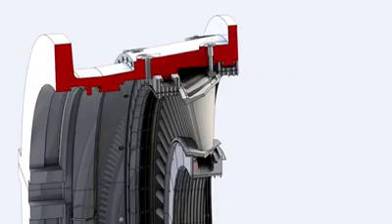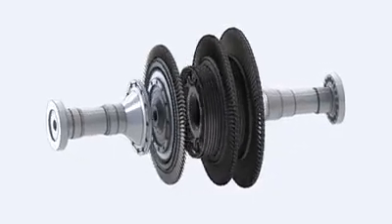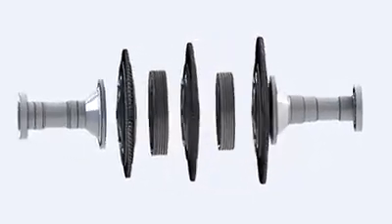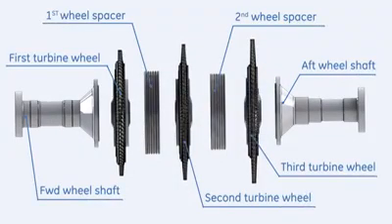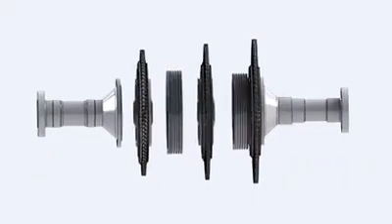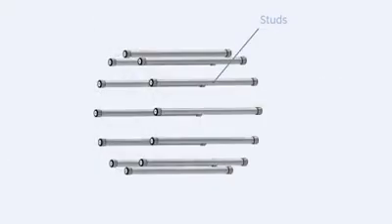the nozzle outer sidewalls. The turbine rotor consists of the forward wheel shaft, first, second, and third stage turbine wheels, 2 turbine wheel spacers, the aft wheel shaft. All parts are assembled together by 12 studs.